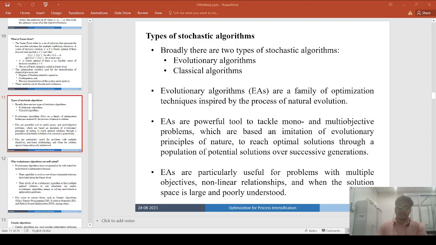The problems consider single and multiple objectives with constraints in most cases.